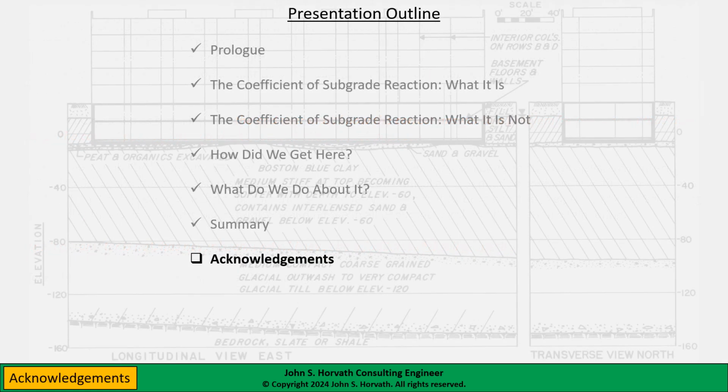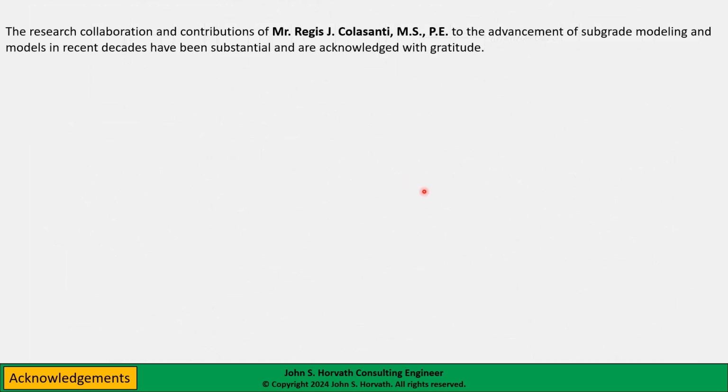With that, I'd like to finish up with some acknowledgments. I can't say enough about the research and collaboration and contributions of Mr. Regis Colasanti, PE, to the advancement of subgrade modeling and models in recent decades. I acknowledge him with substantial gratitude.